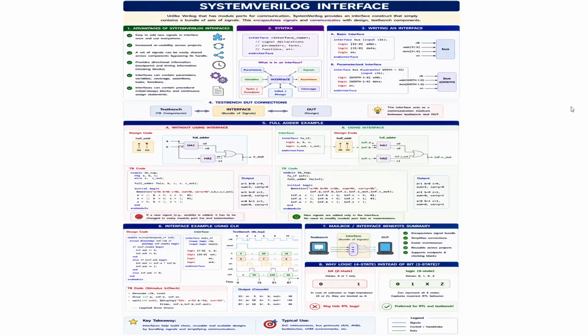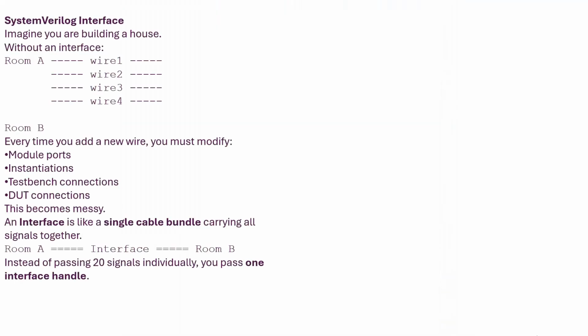So today we will discuss the SystemVerilog interface. What is meant by interface? Basically, if we have a module with input output ports, how do we communicate with the test bench? Through instantiation, either name-based or position-based.